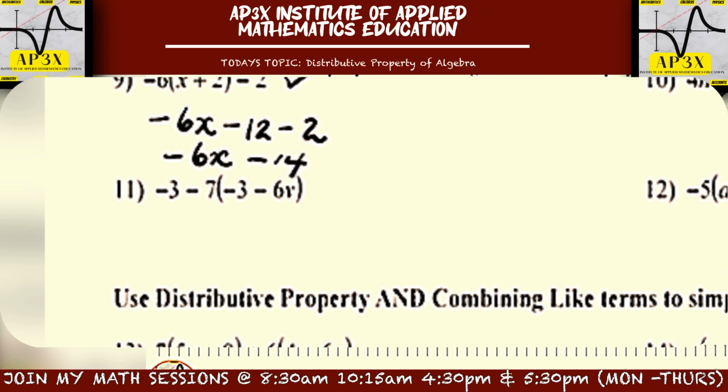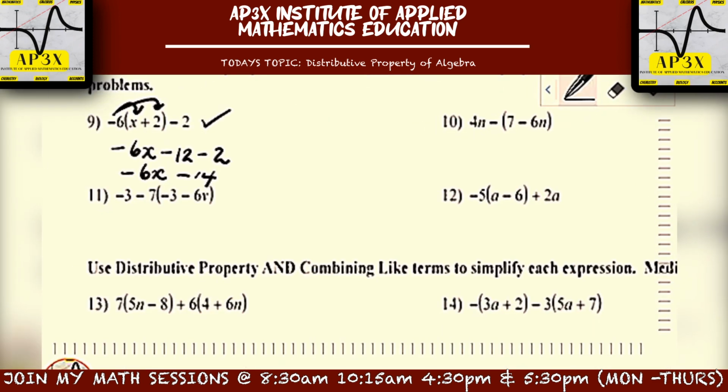I do find quite a lot of my fundamental students oftentimes forgetting, or not even forgetting, oversighting the fact that this is not a 12, but it's a minus 12. You find that a lot of students will say 12 take away 2 is 10 and rewrite the negative. As I've advised you before, also in my live classes, the sign that appears before a number belongs to the number. All right, so there we have minus 6x minus 14.